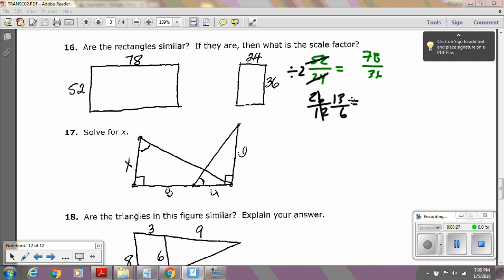So in other words, 4 goes into both. Do the same thing on the right. If I take out 4 from 78, what would I have?